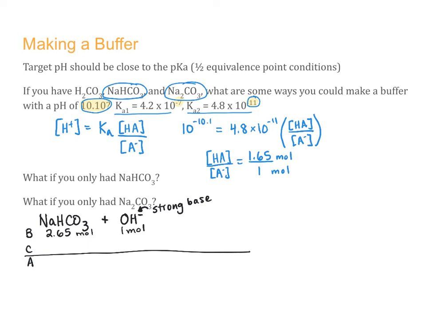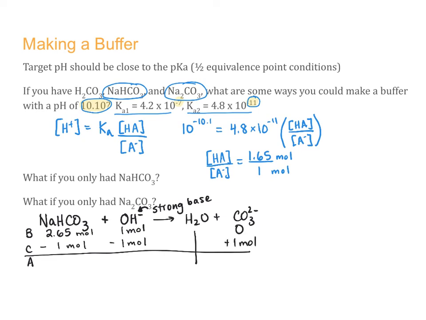Hydroxide will be our limiting reactant. It's all going to get used up, but then we will make H2O and CO3 2 minus, the other half of what we need for our buffer. So we will make 1 mole of that.